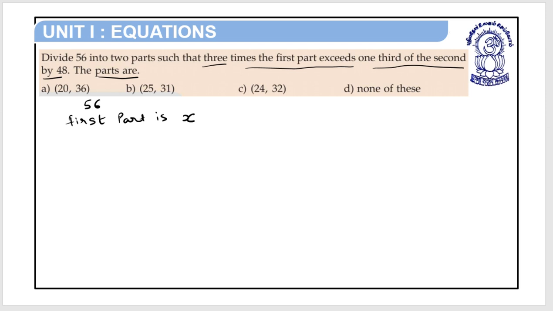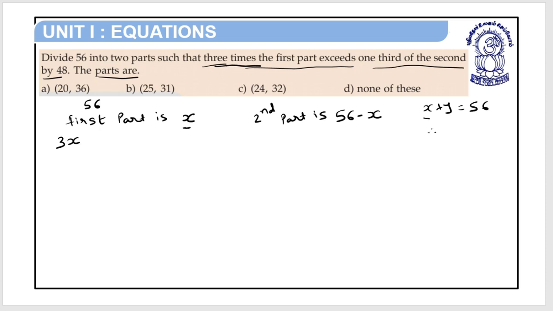So that 3 times the first part, 3x, we can write 3x exceeds 1/3 of the second by 48. First part is x, so the second part is 56 minus x, or you can also write x plus y is equal to 56.